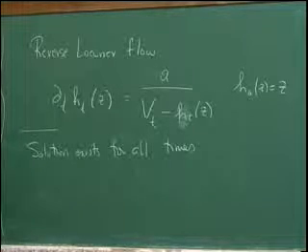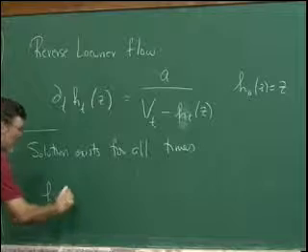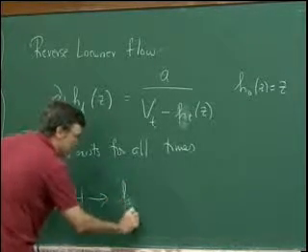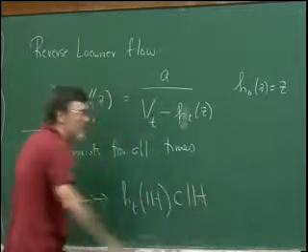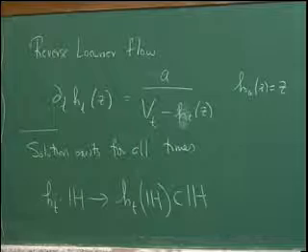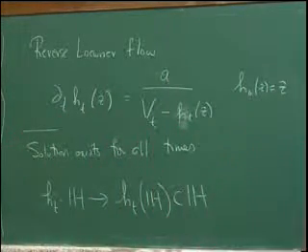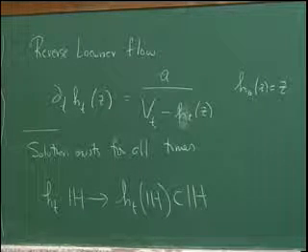So in this case, h_t is a conformal map from the upper half plane into a subdomain of the upper half plane. And the relation between these two is given by an exercise.